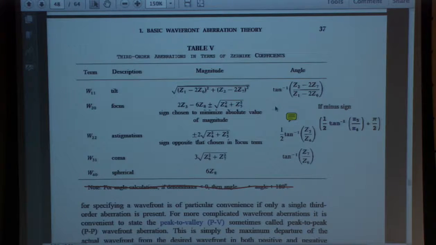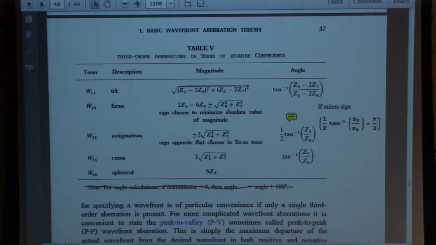Focus turns out to be this. You had focus terms in Z3, Z8, Z4, and Z5. And this is the way of calculating the magnitude, or the amount, of focus you have.